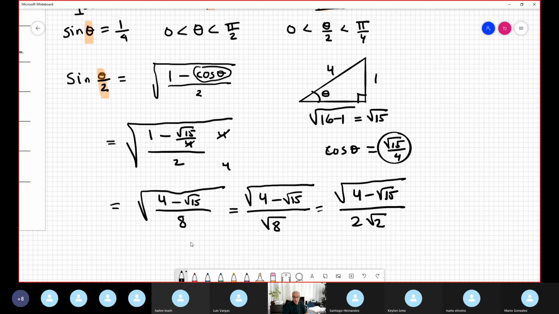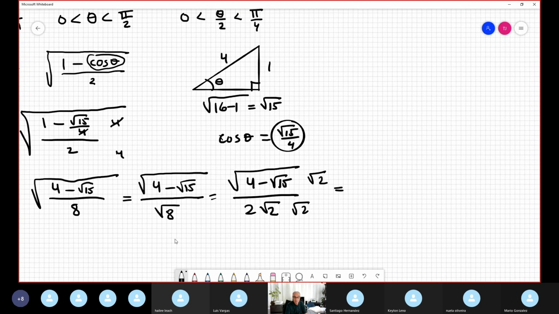Well, now rationalize maybe. Radical 2: you put the radical 2 inside the radical in the top. So actually it's radical 8 minus 2 radical 15. In the bottom we have radical 2 times radical 2 is 2, and 2 times 2 is 4. Got it, more clear. This is option A.